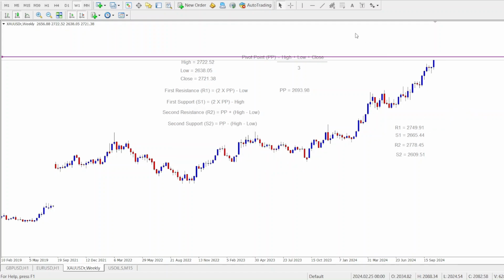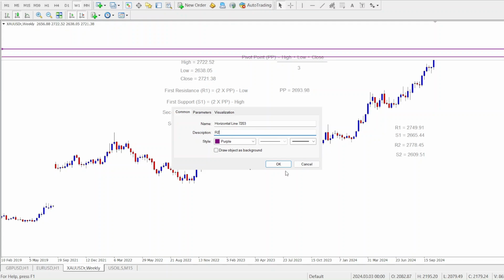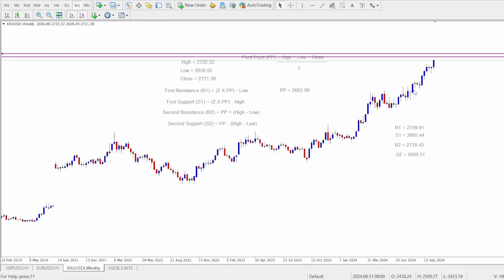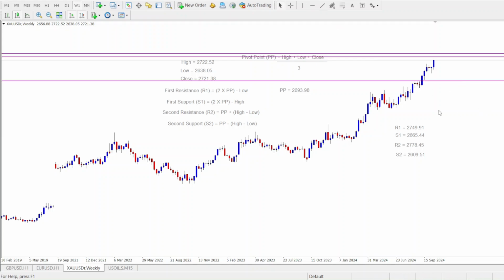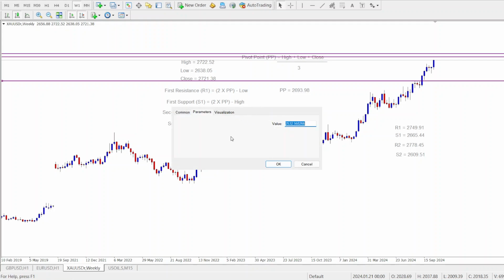Then as for our second resistance, our R2, we have it at 2778.45. Okay, then as for our first support, we have it at 2665.44.